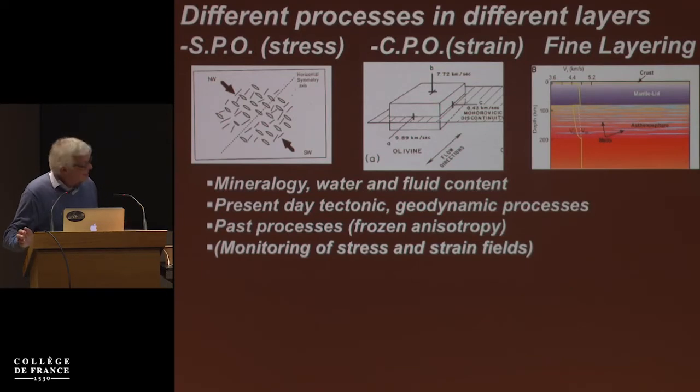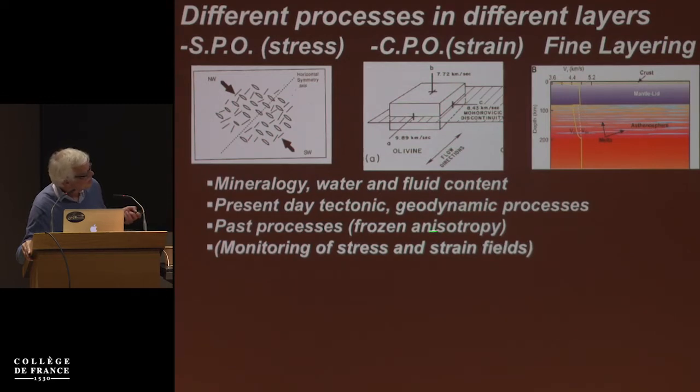Okay, so we have different processes which are related either to stress or to strain. As I told you, the most important is probably CPO, but not only. These different processes are present in the different layers of the Earth. And so if we are able to discriminate these different kinds of anisotropy, intrinsic and extrinsic, we will gain insight into different processes, and we can have information about, of course, present-day tectonics, mineralogy, water and fluid content or melt, and also on past processes in mountains, for example.